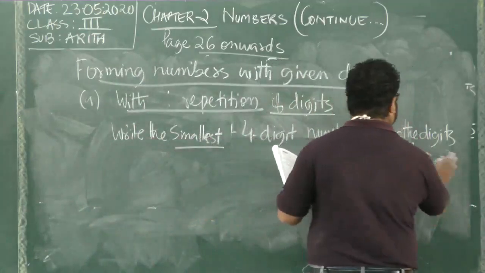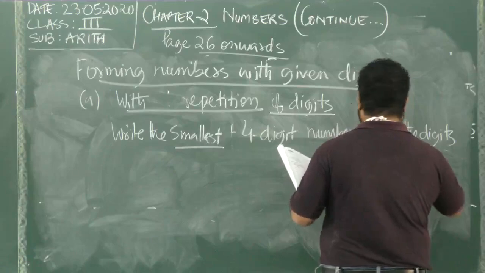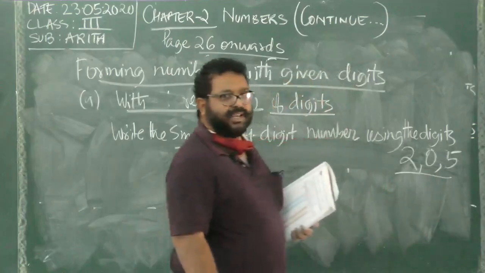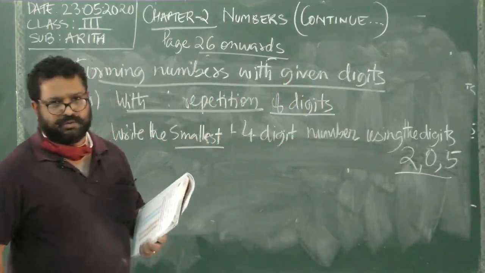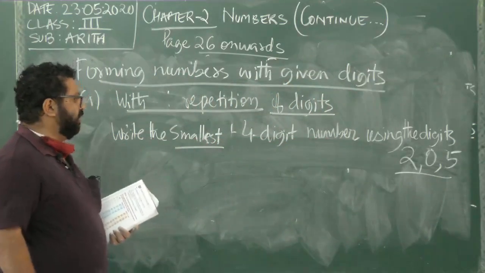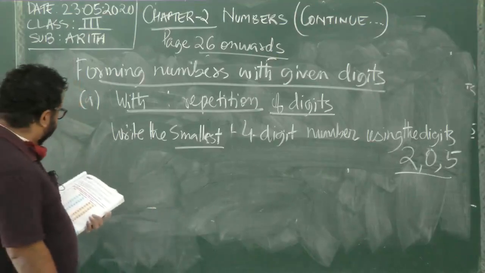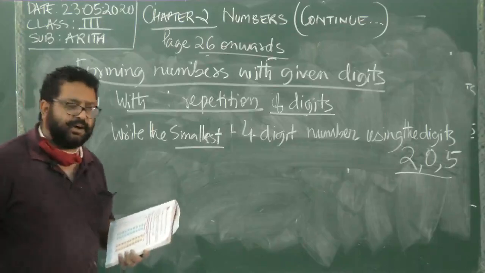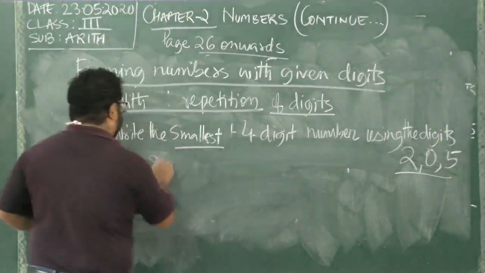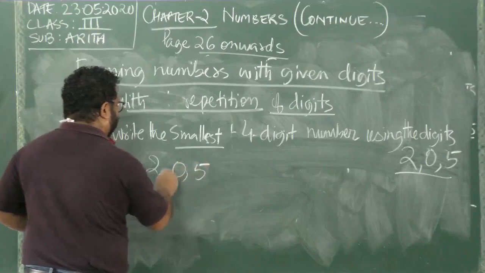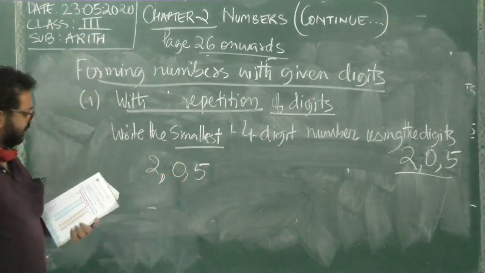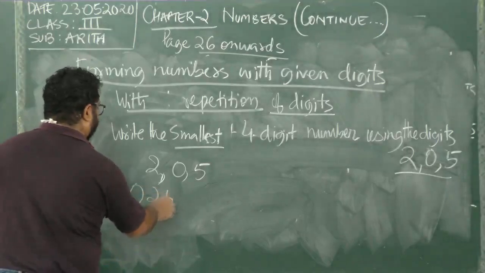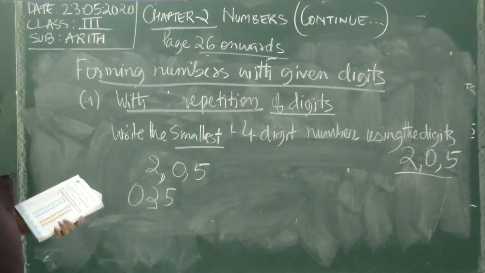It is better if you take 0 there, because this 0 really can confuse your calculation and get you the wrong answer. Anyway, to get the smallest number, first write the digits in ascending order. So the numbers are 2, 0, 5. First, we arrange them in ascending order: 0, 2 and a 5. This is the ascending order.